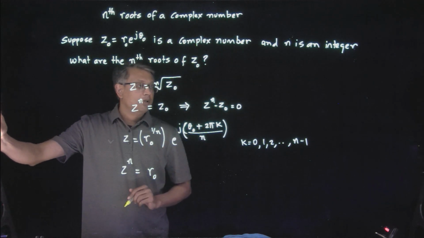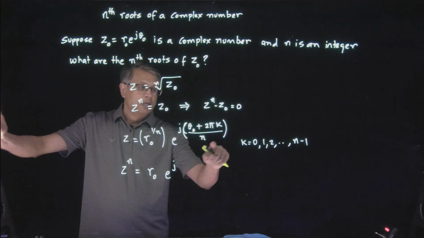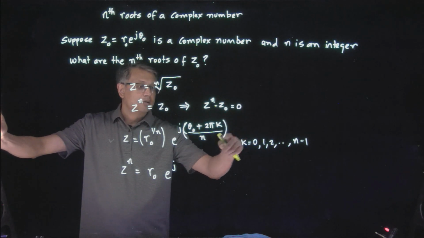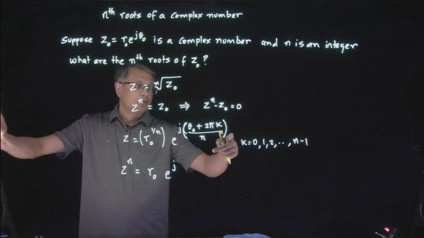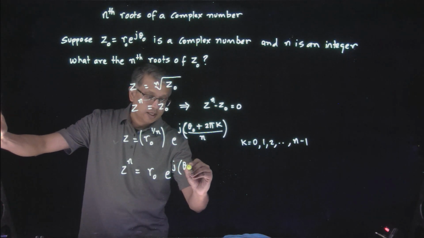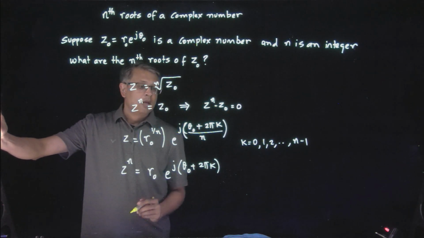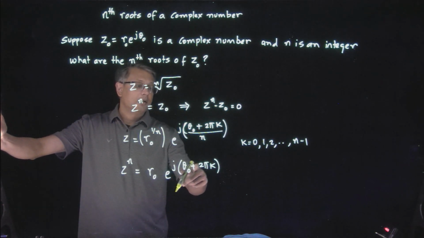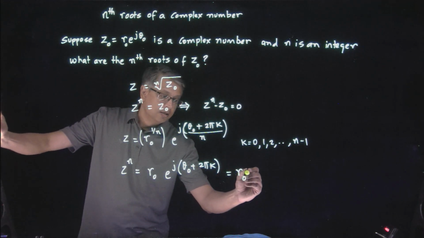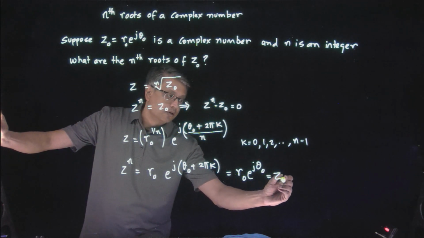The second term, when you raise it to power n, is going to give you e to the j times this angle here multiplied by n. So that n and what's in the denominator is going to cancel out, and you get theta naught plus 2 pi times k. And we know that r naught times e to the j theta naught plus 2 pi times k is equal to r naught times e to the j theta naught, which is equal to z naught.